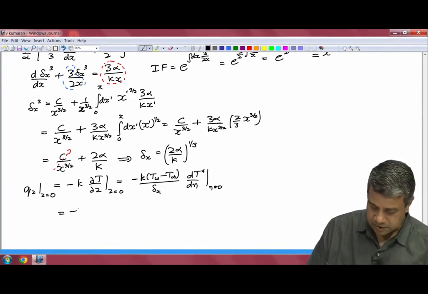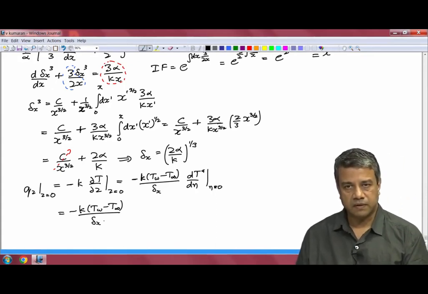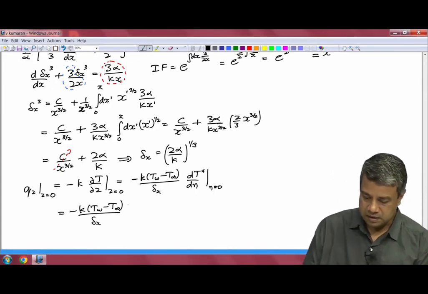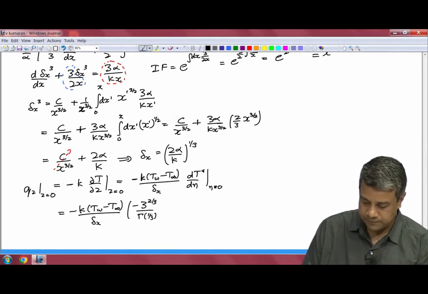This is equal to minus k into T_w minus T_infinity by delta x. This derivative we have already evaluated. This is equal to minus 3 power 2 by 3 by gamma of 1 by 3.